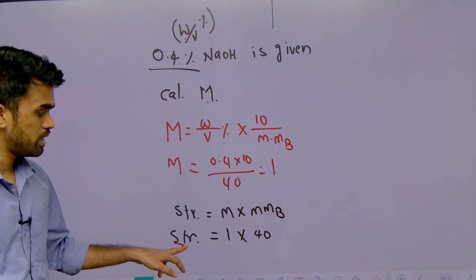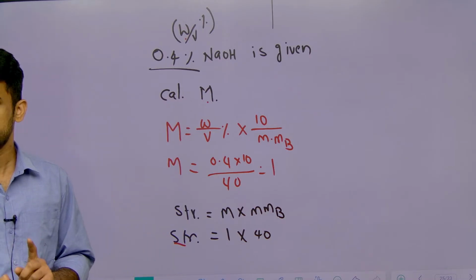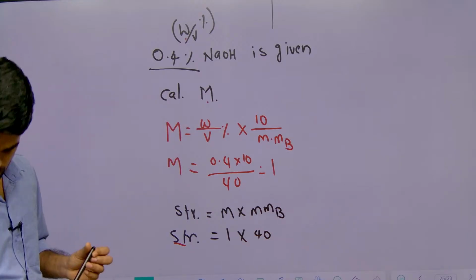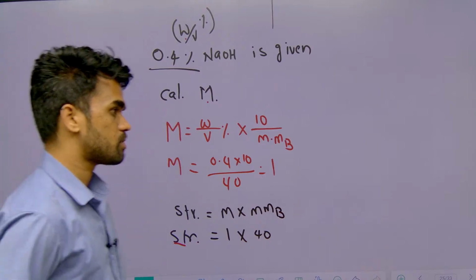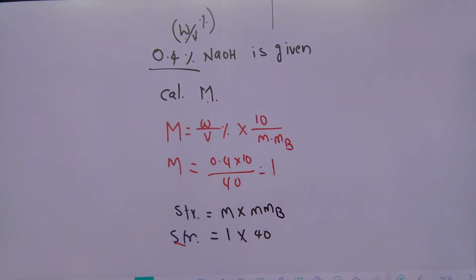So strength always means for 1 liter. Any doubt? Yes. So take any PYQ book or our modules or anything, and solve questions from the first chapter, Mole Concept, up to concentration terms. Okay?